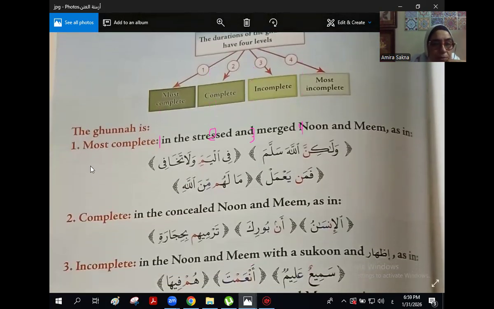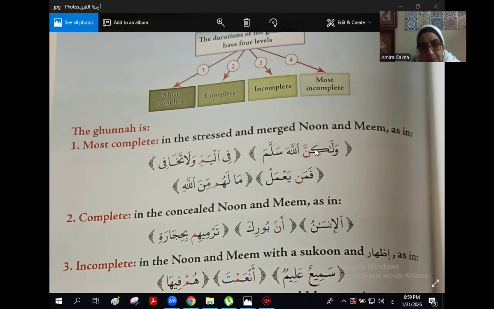Number one, most complete. When I have the longest duration, or the most complete ghunna, it is in the stressed and merged noon and meme. Stressed means mushaddad, and merged means mudgham. So we have the most complete ghunna when we pronounce noon or meme with shadda, or idgham, merging.